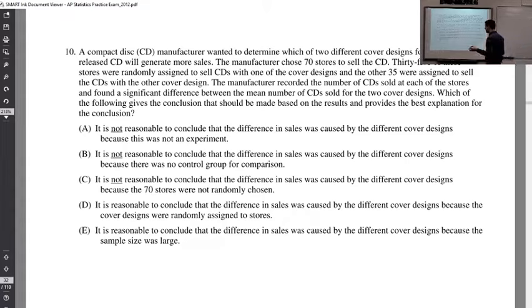The biggest thing is cause and effect: you can't establish cause and effect unless you have the random part of the process, random assignment in the experiment. And in this case, we do have the random assignment. We randomly assigned them to sell 35 of the CDs for the different cover lines. So that means we can establish that the variable causing the distinction is the different cover designs for these CDs.